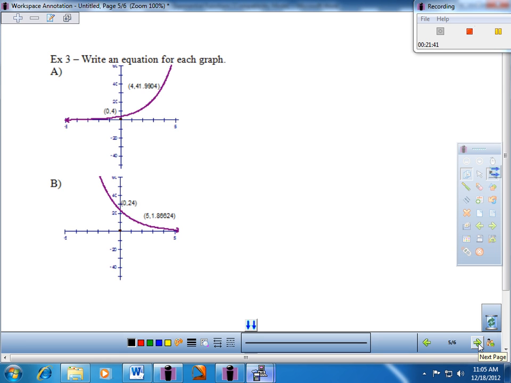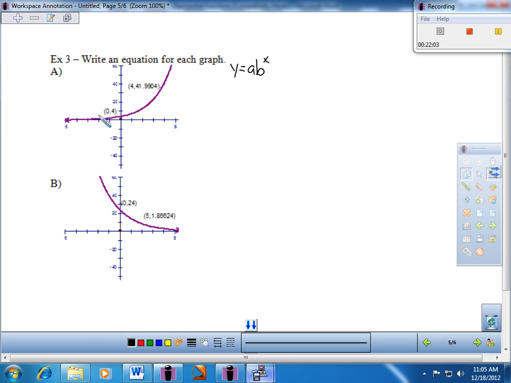So everyone, if you would, give me a y equals a times b to the x, and let's write an exponential model for each graph. So let's label a couple things, and obviously we do know. At this stage, you should understand that we do need a numerical value for a, we do need a numerical value for b. X and y, of course, represent our variable quantities for the infinite number of points on this exponential curve.